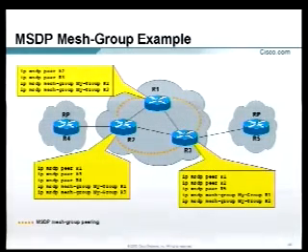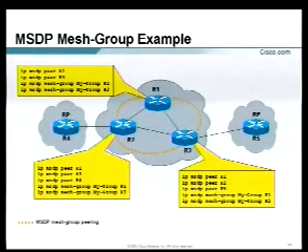If router 2 received that SA, it would send it off to all its mesh group MSDP peers. They would subsequently send it to all their other peers, and they would send it to all their peers. So it's scaling is what it is exactly. So if you have a lot of MSDP peers, it works good. If you don't, then it's not that critical. However, it is used in Anycast RPs, and we'll discuss that also. Good question.